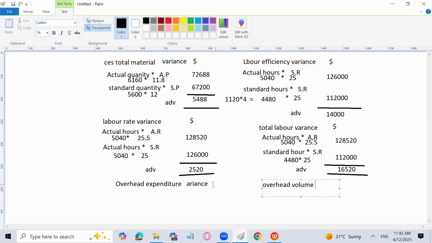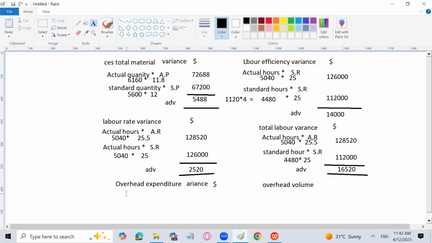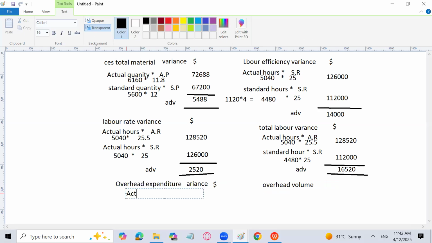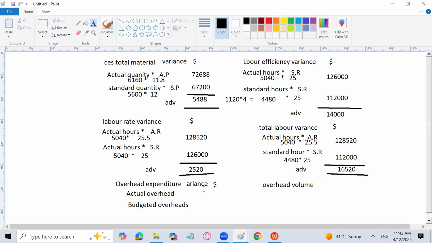Okay, first of all, let's discuss the overhead expenditure variance. It is the difference between actual overhead cost and budgeted overhead cost. That is the overhead expenditure variance.